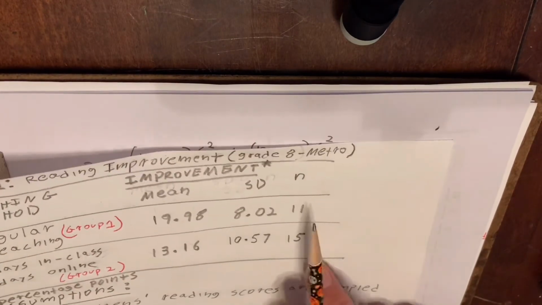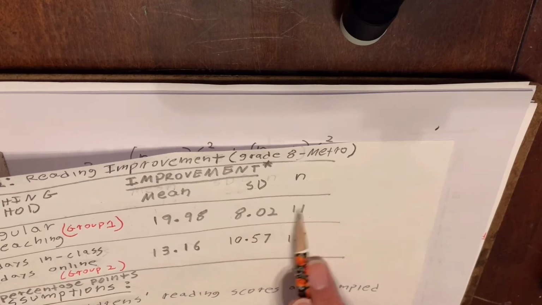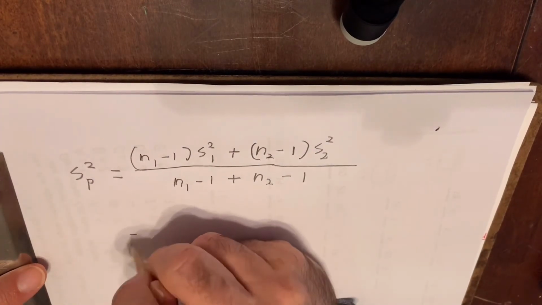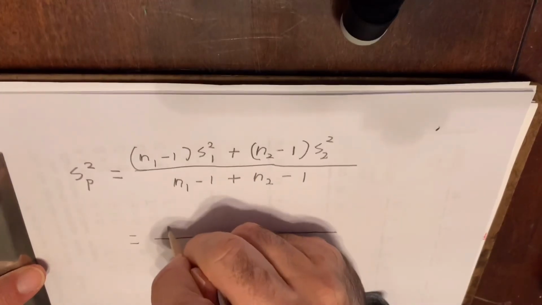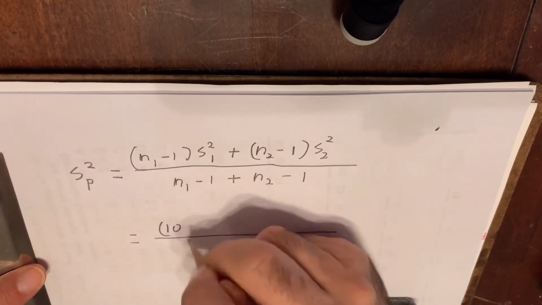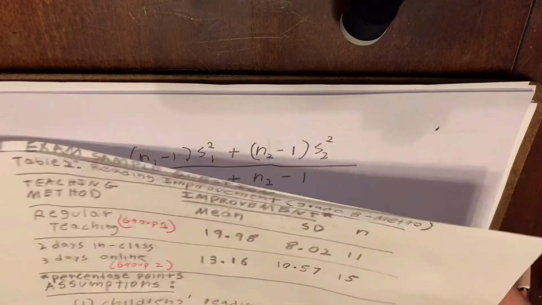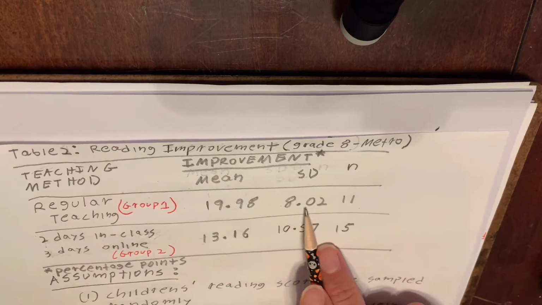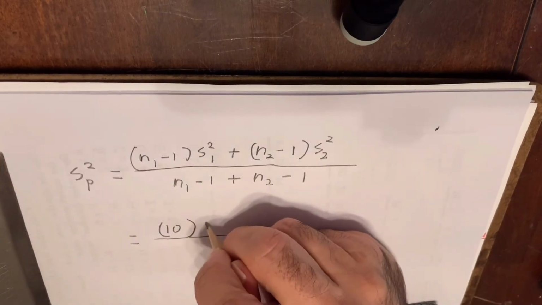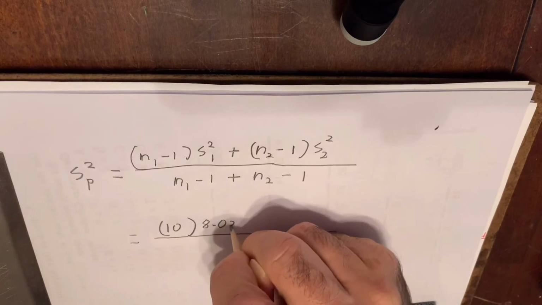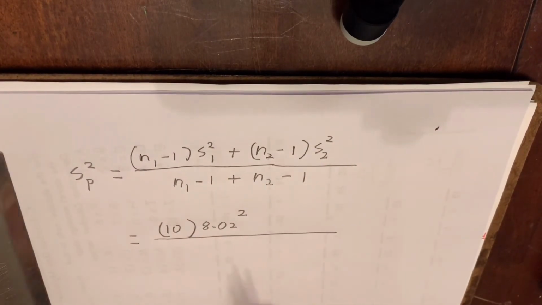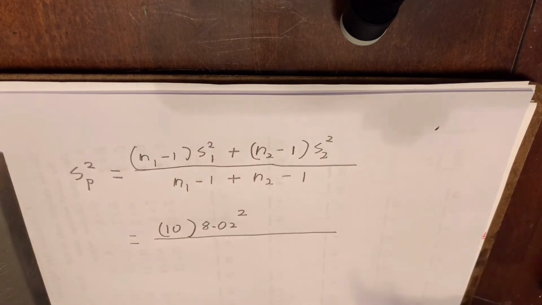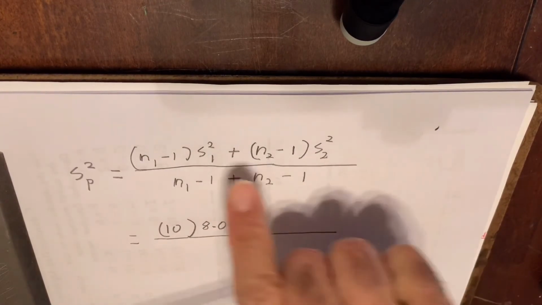So n in the first group is 11. 11 minus 1 is 10. So this is equal to 10 times, and in the first group, the standard deviation is 8.02. So we have to take 8.02 and square it to get the sample variance. Remember, s squared stands for the sample variance, which is the square of the standard deviation.